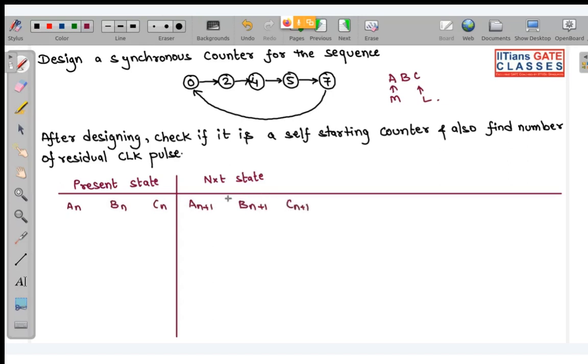So I'm writing all the combinations of present state.